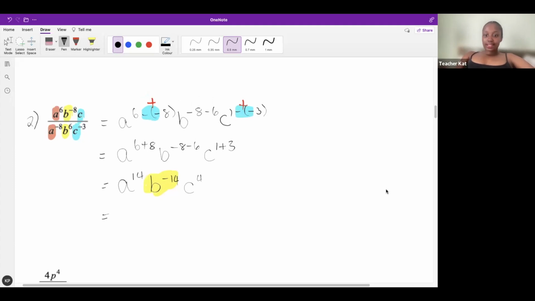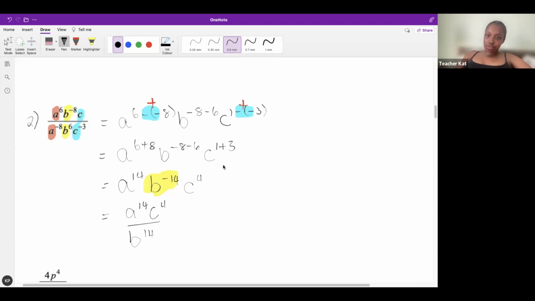Will my A and C move with the B? No. So A to the power of 14 and C to the power of 4 remain in the numerator, and we move down the B to the power of 14. Right. Seems you guys have gotten a hang of this, which is fabulous.